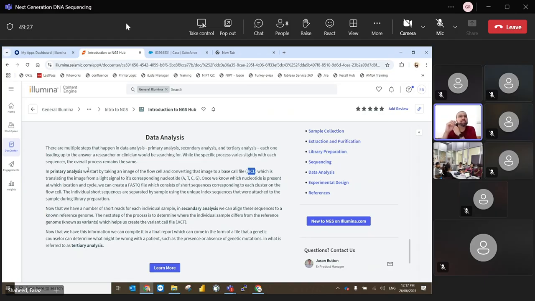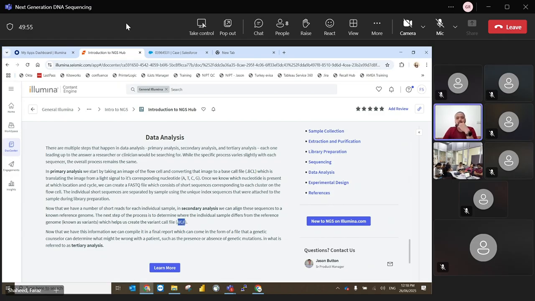That variation could be a single base, which is known as SNP or single nucleotide polymorphism, or it could be more than one base, which can be considered a structural variation. All the variant information is captured in a VCF file, or variant call file, which is here.